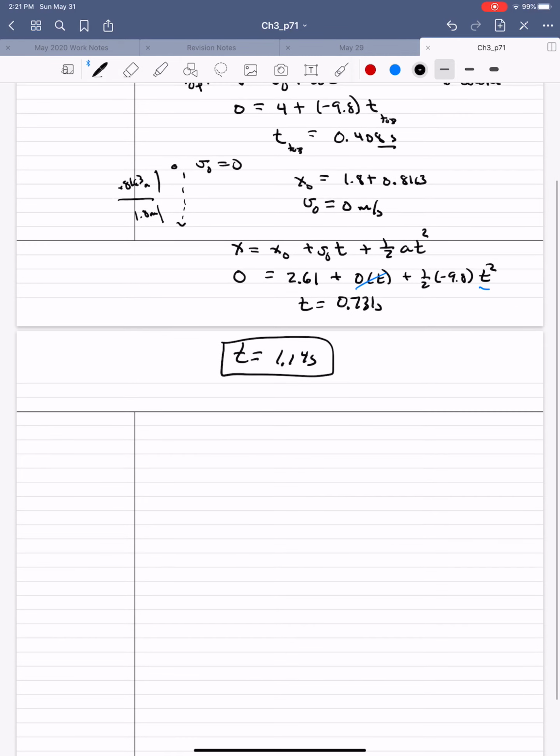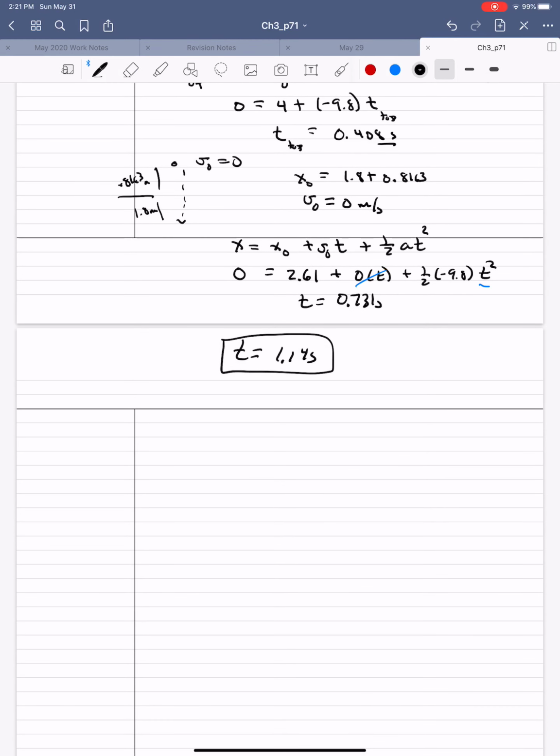And then in the last part of this question, we're supposed to find the speed that she's going when she hits the water. So in part C, if I want to find the speed, I can do v is v0 plus at. And again, I'm going to think from the top, where her speed is initially 0. And I'm going to use this time to be 1.14 seconds, which is the time that I had previously.